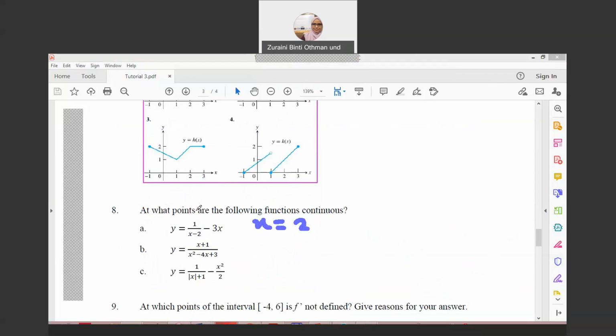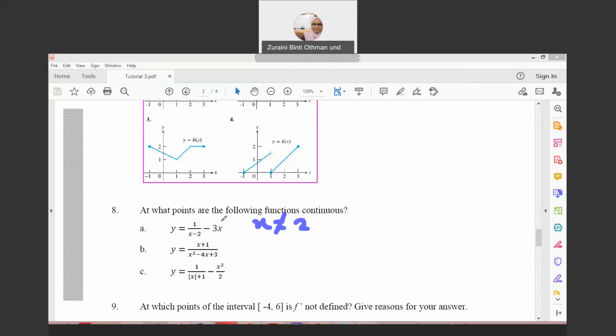So meaning that x is not equal to 2 because of the domain here. Maksudnya bila dia sama dengan 2, dia akan jadi 2 tolak 2. Anything 1 divided by 0, so we can't plot.